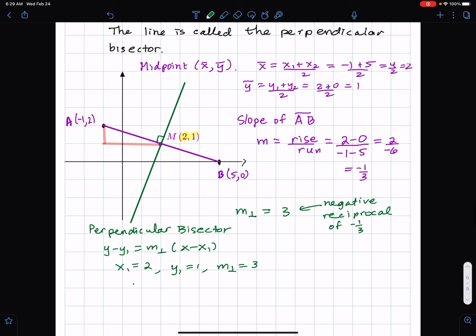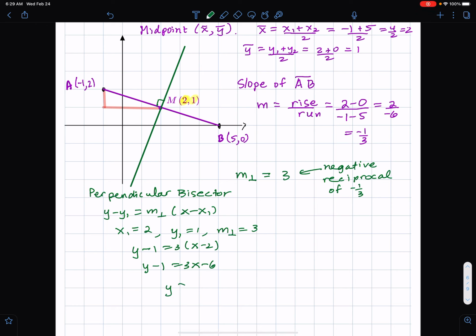So actually these numbers are going to turn out easy to work with, no fractions. So y minus 1 equals 3x minus 6. So y equals 3x minus 5. And if I expand this picture a little bit, I can see that it completely makes sense.